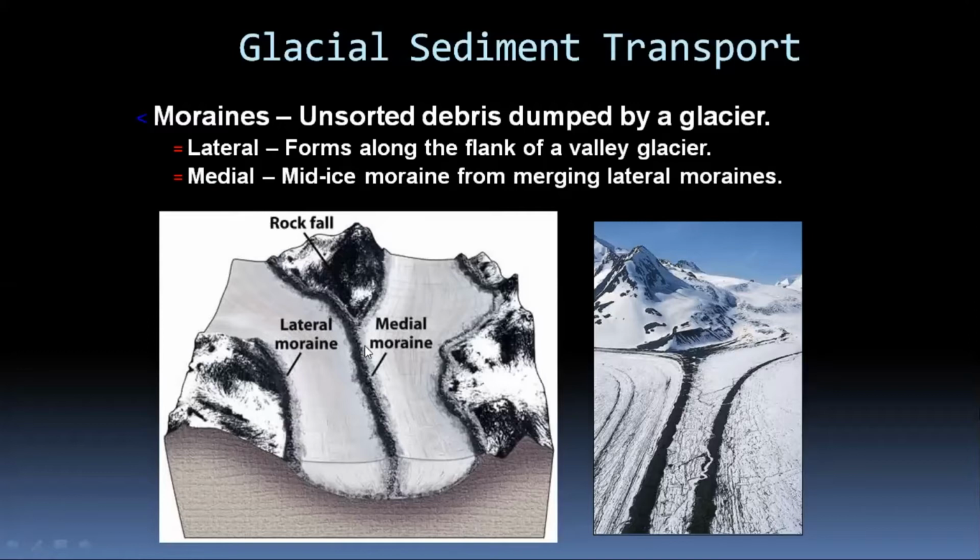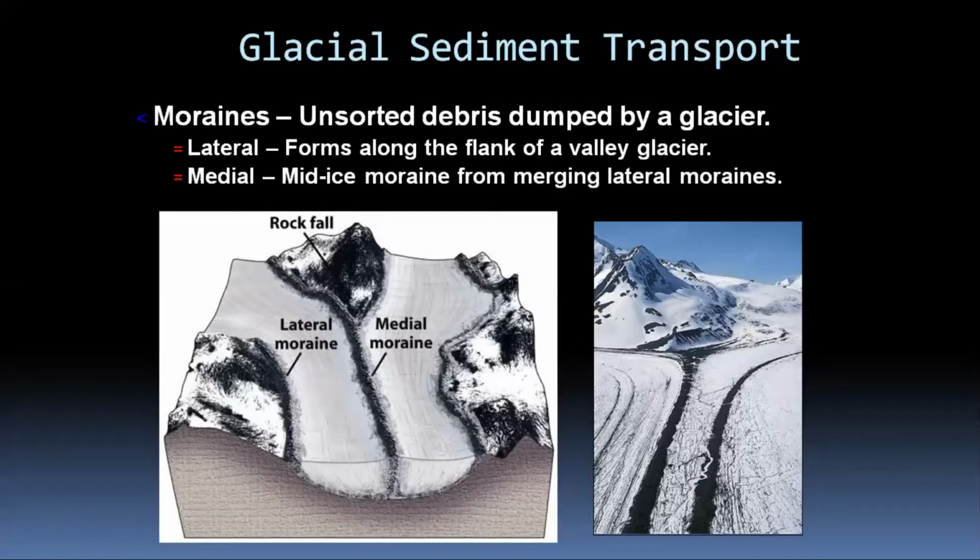dumping the material that they are carrying, because once the velocity of a glacier drops, or there is a change in the velocity of the glacier, and it has a connection with another glacier or another landmass, as a result it normally deposits the material that it carries from its erosion.